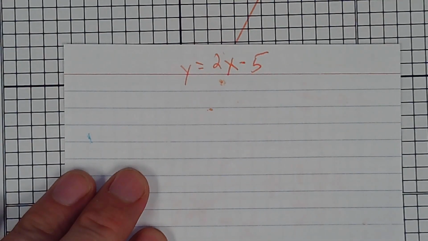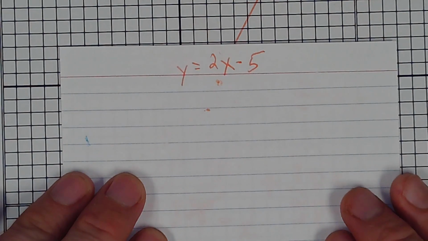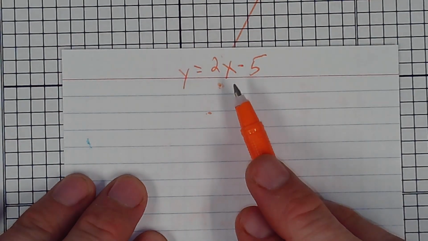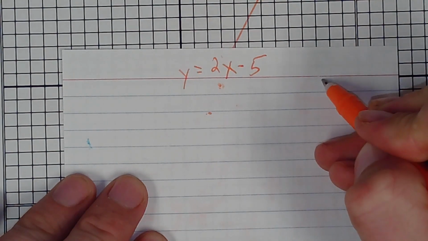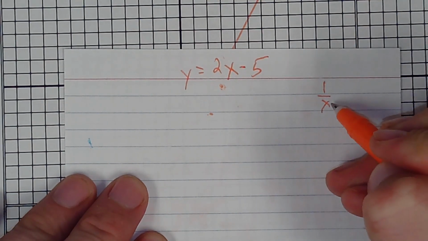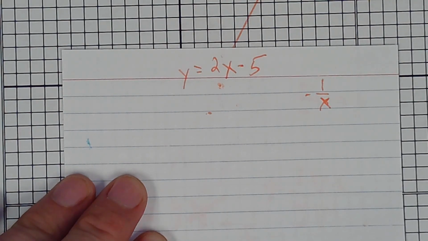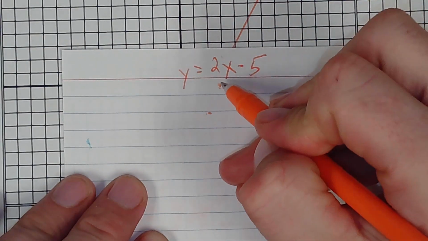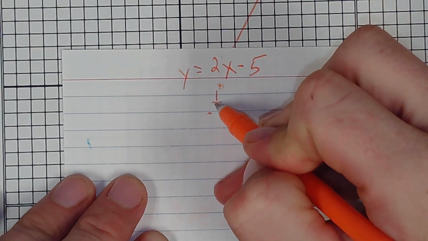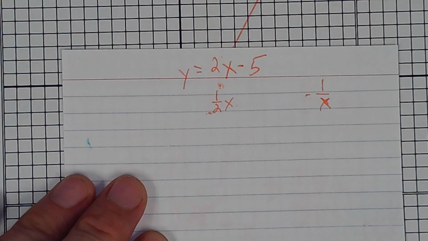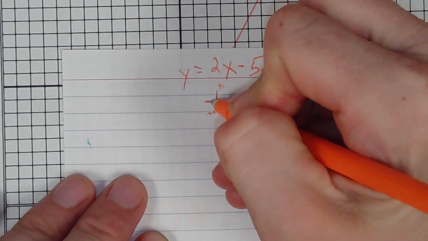Well, I need a line perpendicular to that. To make a line perpendicular, I need to invert the slope, and I need to make it negative. So to invert the slope, I'm just going to turn the 2 into 1/2 x. That is my slope inverted, and I need to make it negative.